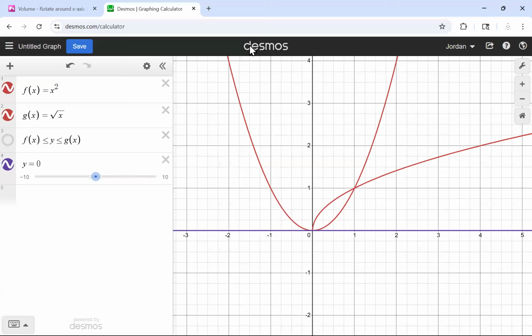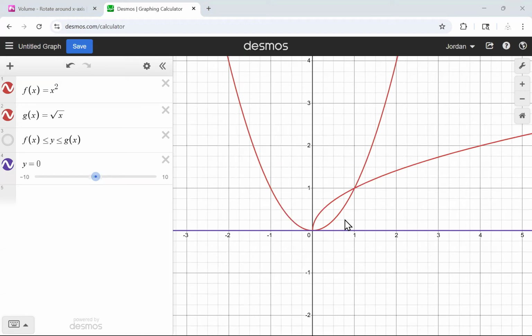The region that we're looking at is bounded by y equals x squared, and y equals the square root of x. The square root of x is this curve. Y equals x squared is this parabola.